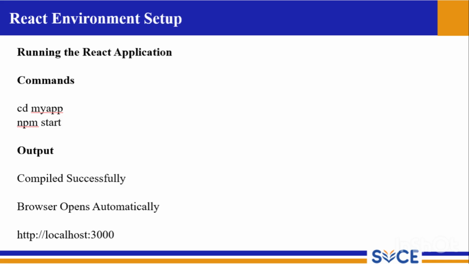Let us understand what this address means. The term localhost refers to your own computer. It tells the browser to access a web server that is running locally on your machine instead of on the internet. The number 3000 is called the port number.